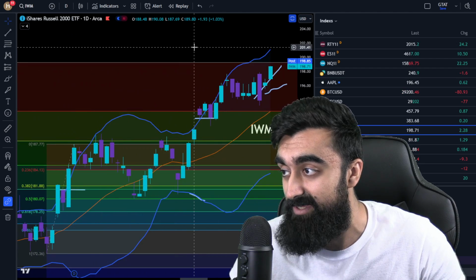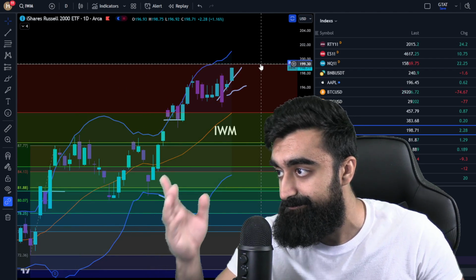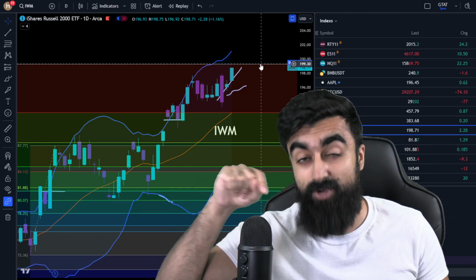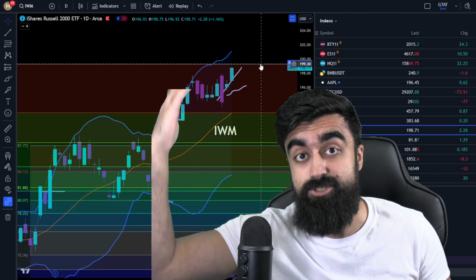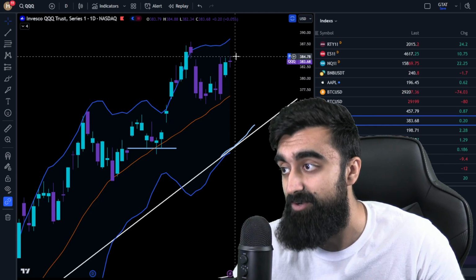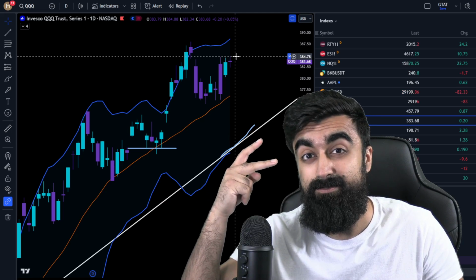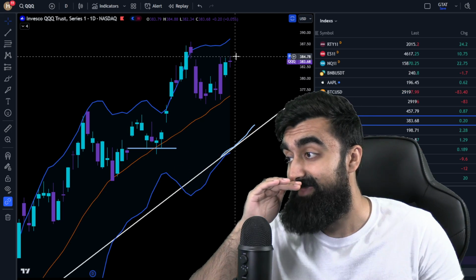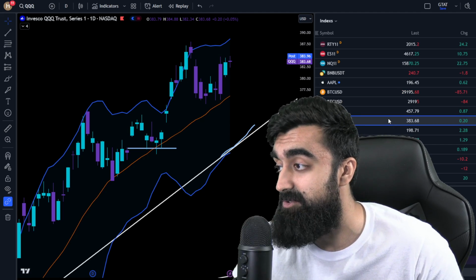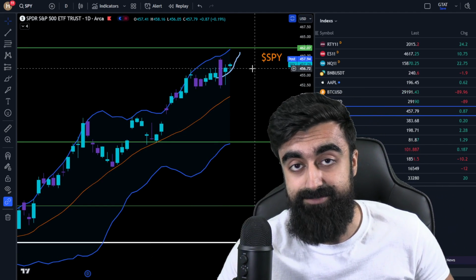The most important resistance level, 199.30. So either the Russell needs to break above that and continue showing strength, or the NASDAQ needs to start breaking above 384.75. And if both of those things happen, then tomorrow the S&P 500 is going to be very bullish, and we should easily see 460 on the S&P tomorrow.